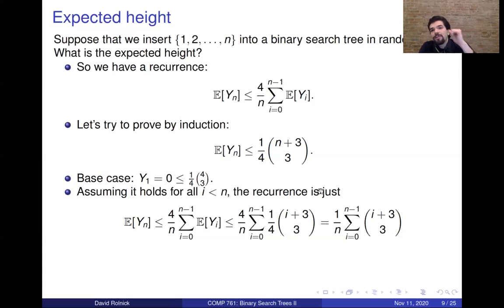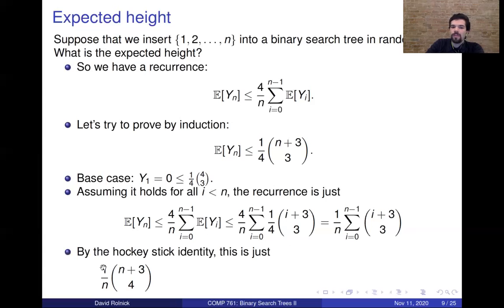Think about it in terms of Pascal's triangle. If you add up everything choosing 3, you end up with something choose 4, and the thing that you're choosing out of is 1 more than the max of these. So it's n plus 3 choose 4. And then you still have this 1 over n out in front.